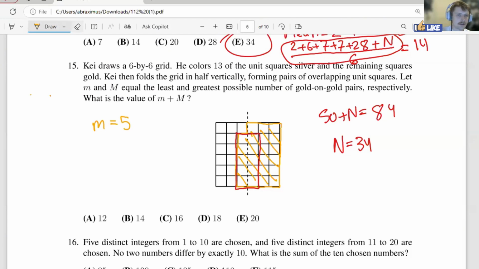All right. And now what is uppercase M going to be? Uppercase M occurs when there's as many gold pairs as possible. So let's put the gold pairs like this. Oh, oops, I drew it wrong. Let's put the gold like this.